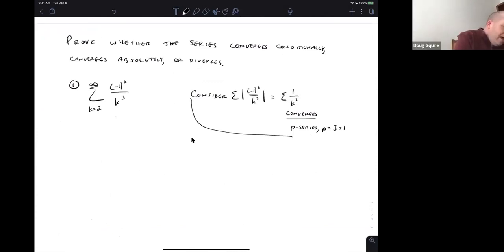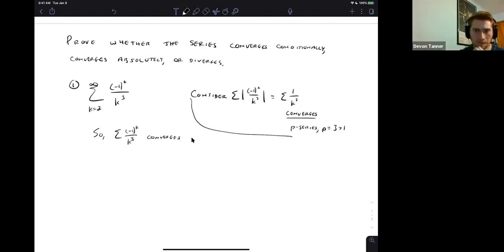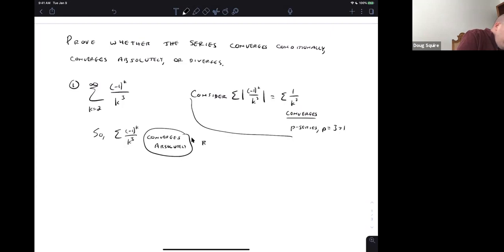So if you take the absolute value and it converges, we can go back and say, so the original series, -1 to the k over k to the third, converges by the absolute convergence theorem. Does it converge conditionally or does it converge absolutely? Absolutely. So we know it converges absolutely by the absolute convergence theorem.